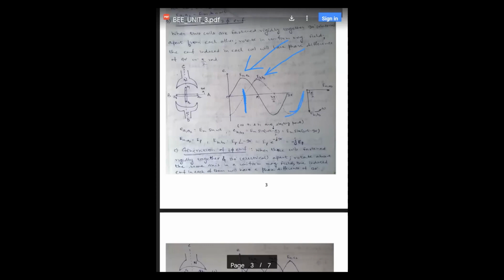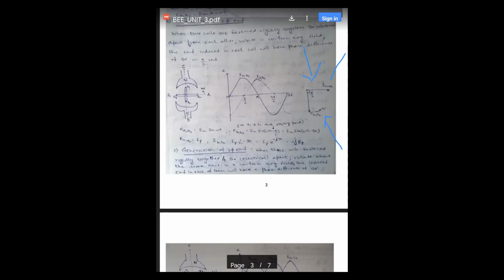Okay, so we can show this in the waveform as well as in the phasor diagram. So the phasor diagram will show E A1 A2 as the RMS value of the EMF of the first conductor, and this is the second conductor's EMF RMS value.